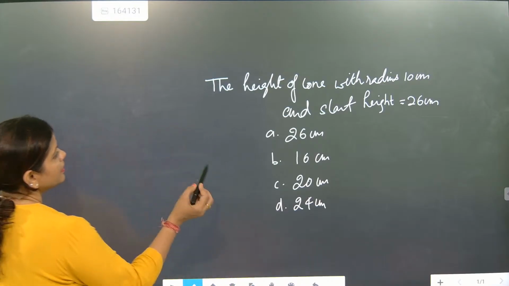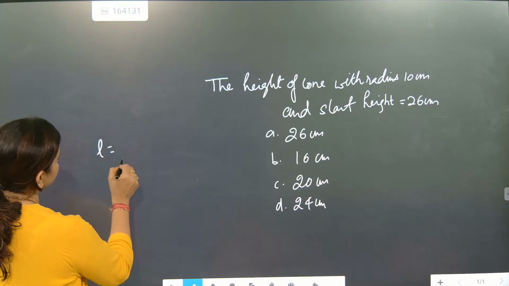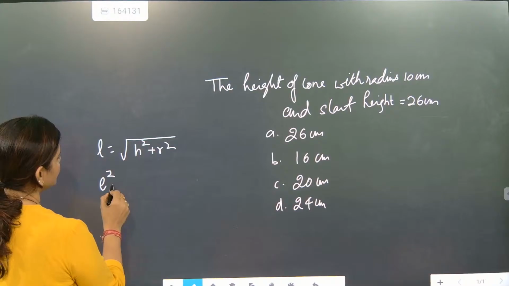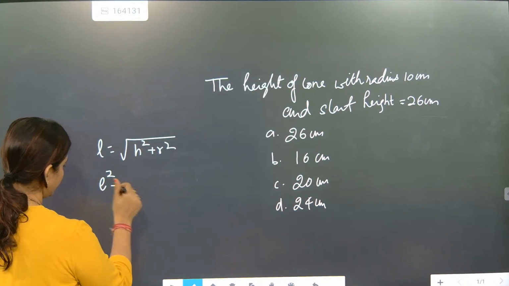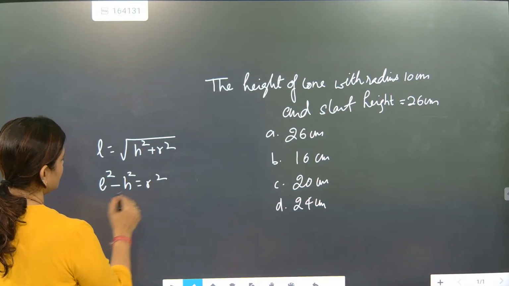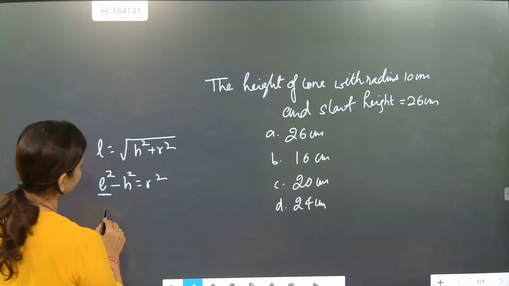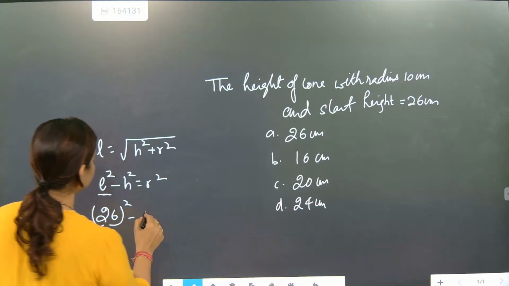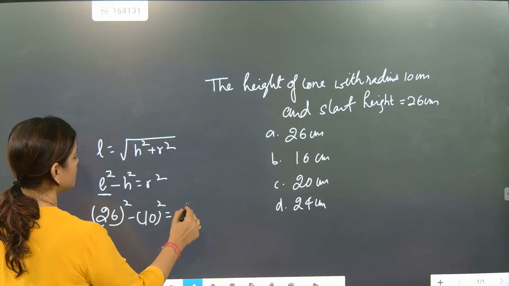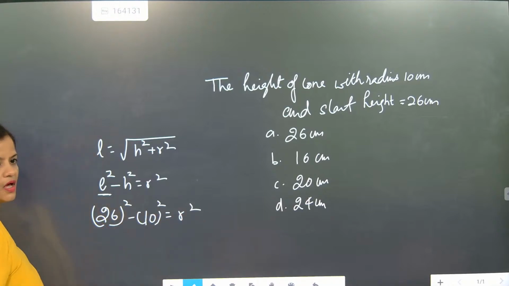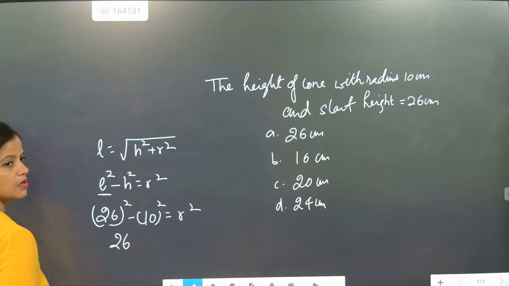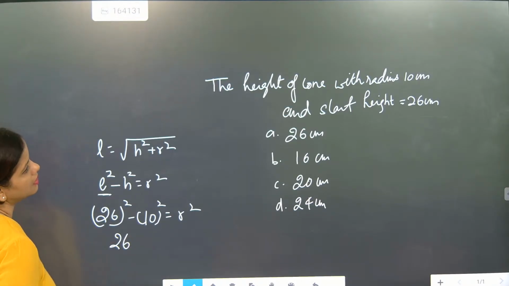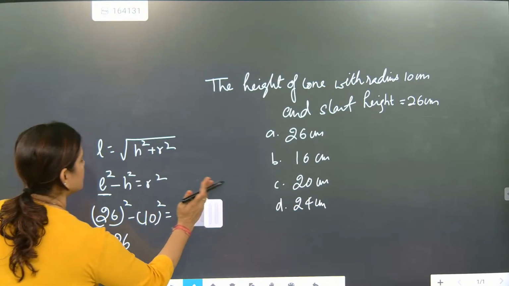Let's see, we know that slant height square is equal to height square plus r square. So slant height square minus h square is equal to r square. Here we need to find the height. L is given as 26 and radius is given as 10.